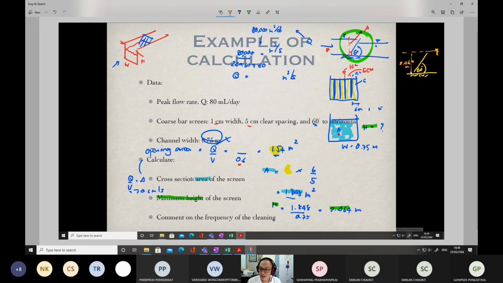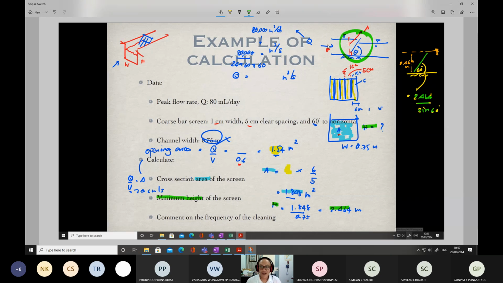If you really want to determine the length of the screen, you have to take this information: 2.464 divided by sin 60, you will definitely get the length. So this length, you will get this one. Okay.